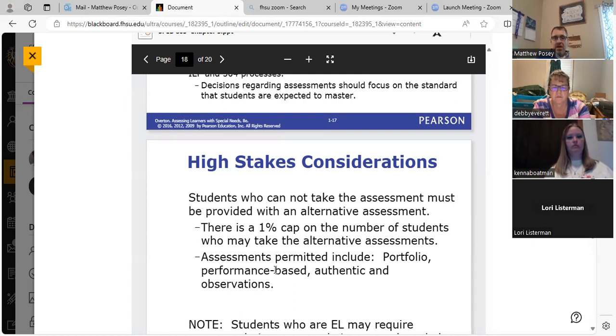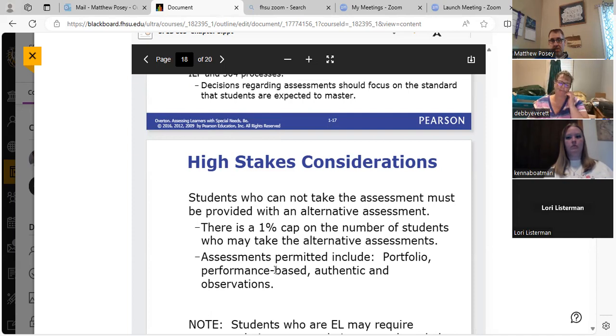Our numbers are high, but there's a 1% cap on the number of students who may take alternative assessments under IDEA. I don't know if your district's concerned about that. Is that 1% in the district or per school? That's 1% per district.